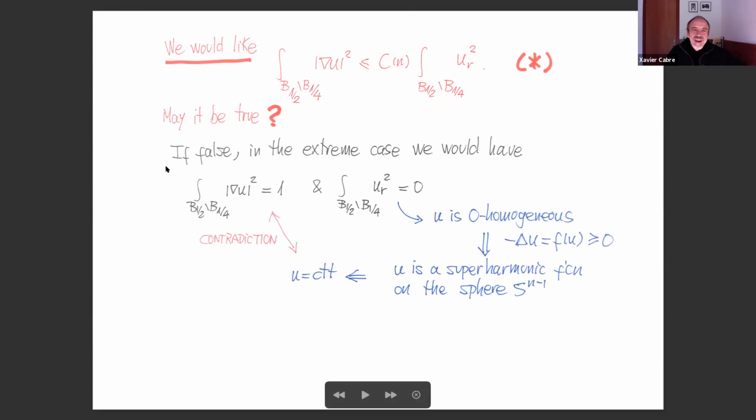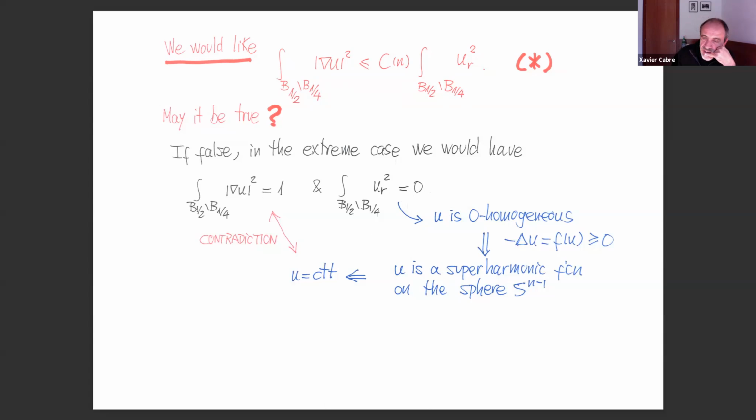And a key heuristic idea was this one here. If this was false, in the extreme case, perhaps I can have the left-hand side to be 1 and the right-hand side to be 0. Is this possible for a stable solution? And the answer is no, it's not possible, because if U r is 0, then this function is 0 homogeneous.